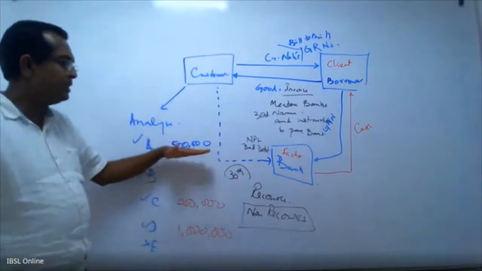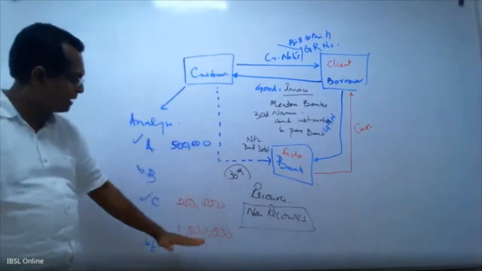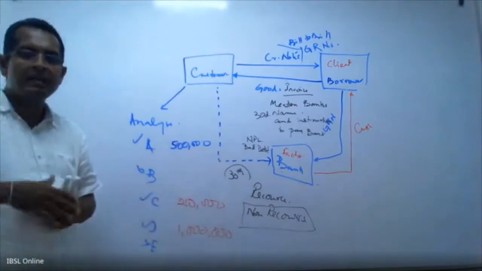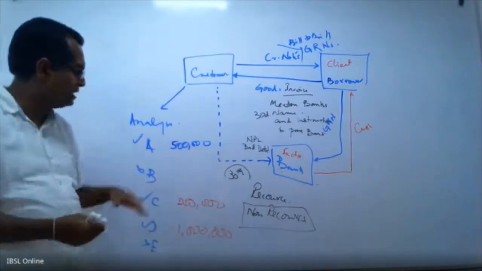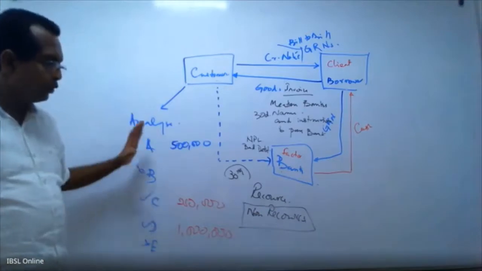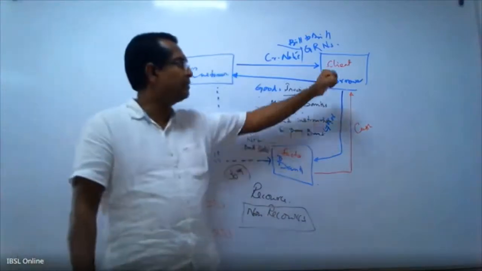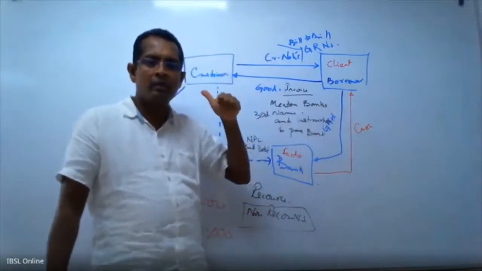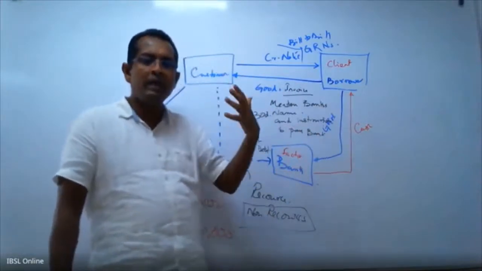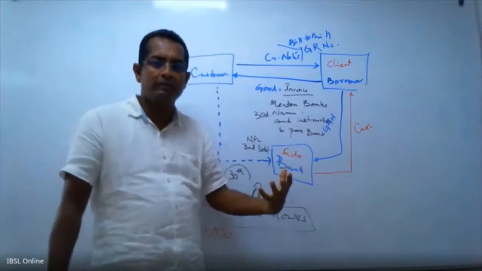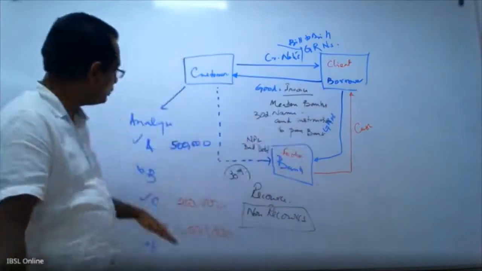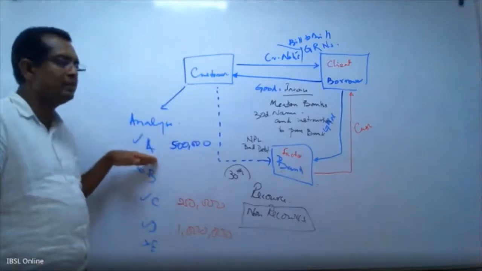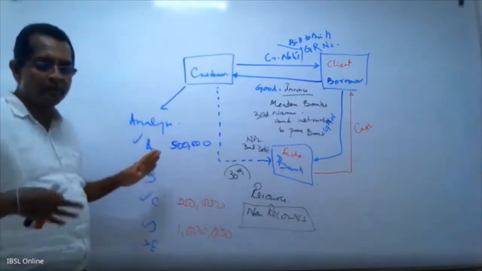But this customer is good only for 500,000. This customer is good for 1 million. This customer is good for 200,000. Like that, the bank will have limits for each customer. So with this, the bank is controlling the client's sales book. If the client sells more than 500,000 to this customer, the bank is not liable to give money.